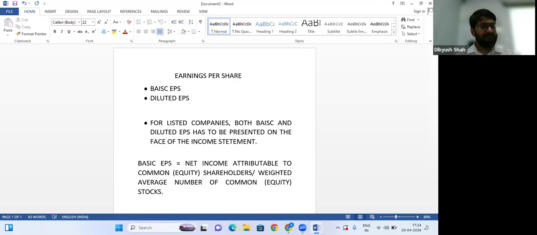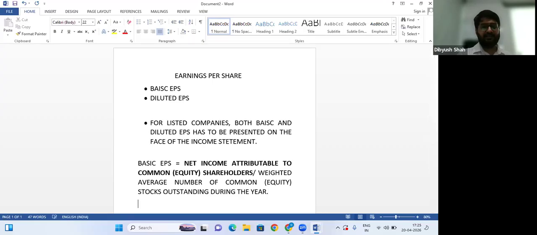So basic EPS is always net income that you can directly attribute to equity shareholders, divided by a specific term, not the number of common stocks. We are talking about the weighted average number of common stocks, that is equity shares, outstanding during the year.